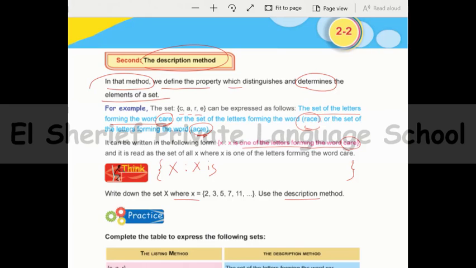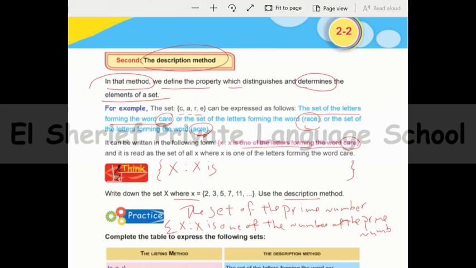By using the description method, we can put the set of the prime numbers, and we can write it like that: x such that x is one of the prime numbers, and we close the set.